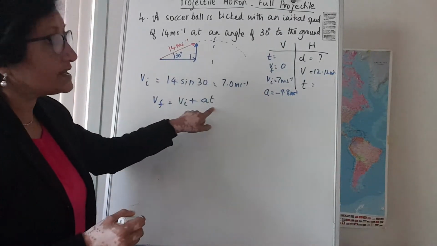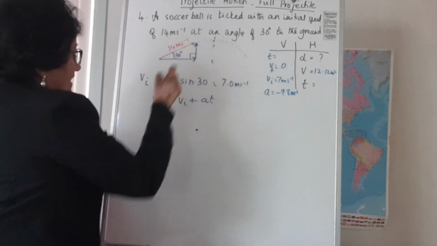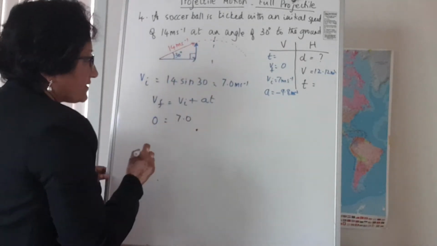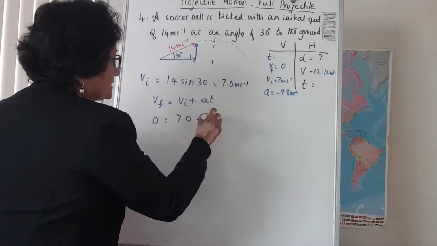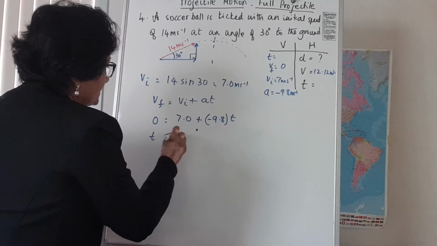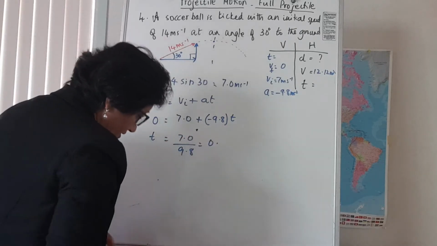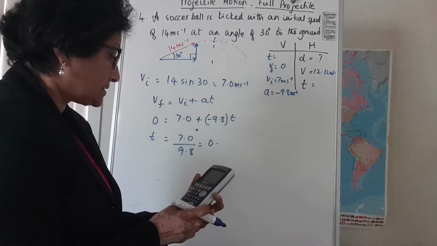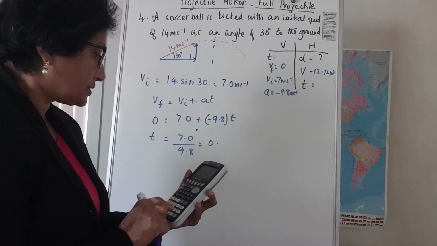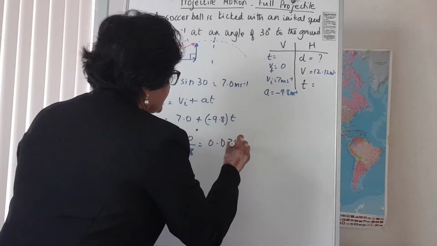What are we trying to find? t. So Vf, the velocity at the top, is 0, equal to Vi, which we just found was 7, plus negative 9.8 times t. So t becomes 7 divided by 9.8. 7 divided by 9.8 gives me 0.71 seconds.